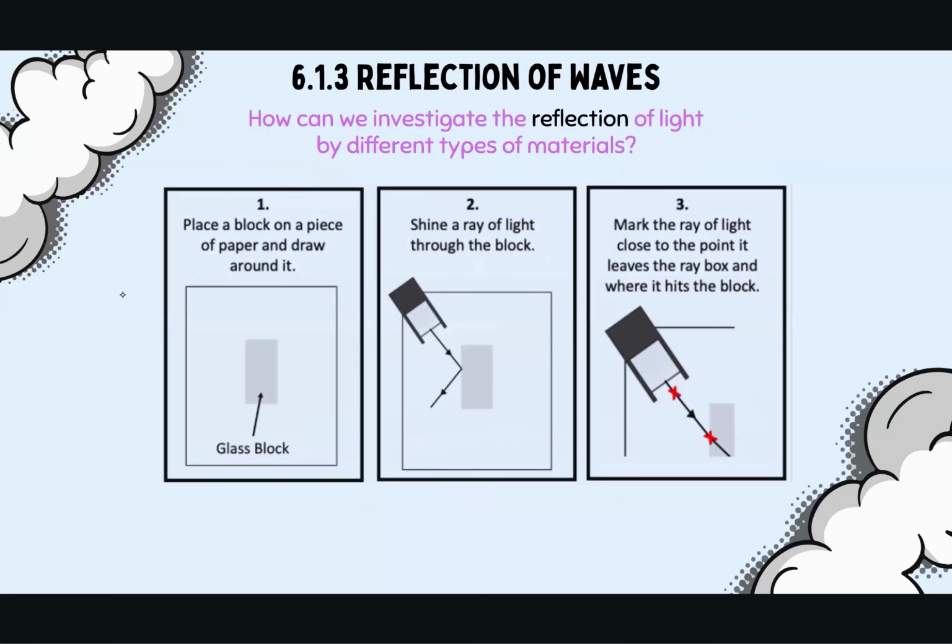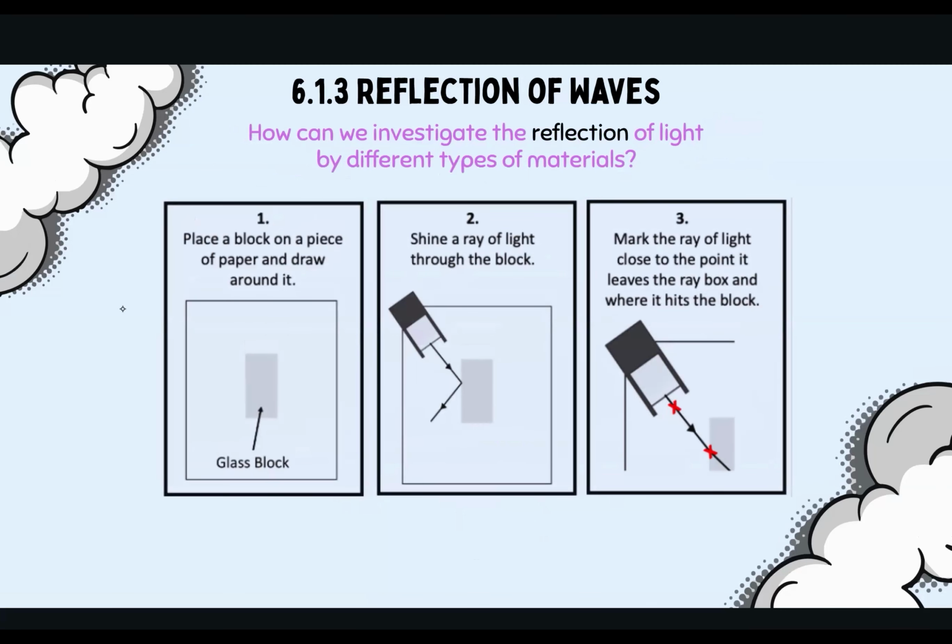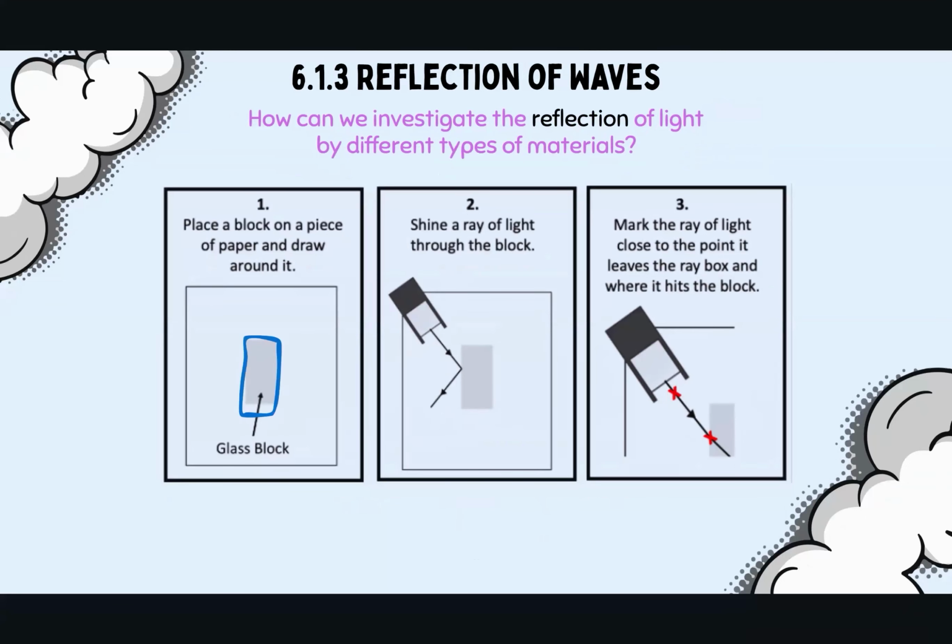So how can we investigate the reflection of light by different types of materials? So place a block on a piece of paper and draw around it, usually with a pencil. Shine a ray of light towards the block. Mark the ray of light close to the point it leaves the ray box and where it hits the block.